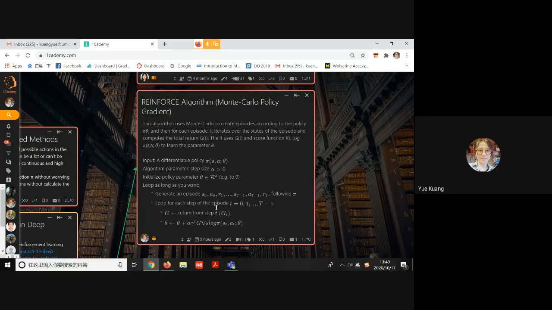You first calculate the return from step t as G, and then you update the parameter theta, where alpha is the step size, gamma^t is the discount parameter at step t, G is the return, and here is the score function. Doing this, you will train a policy that can give positive results.